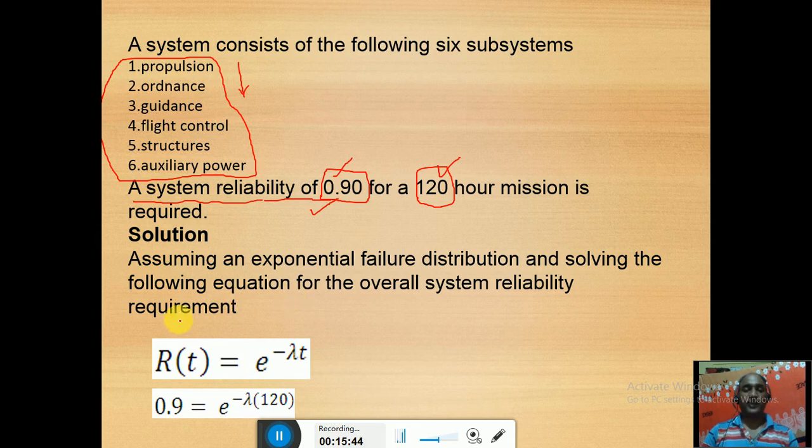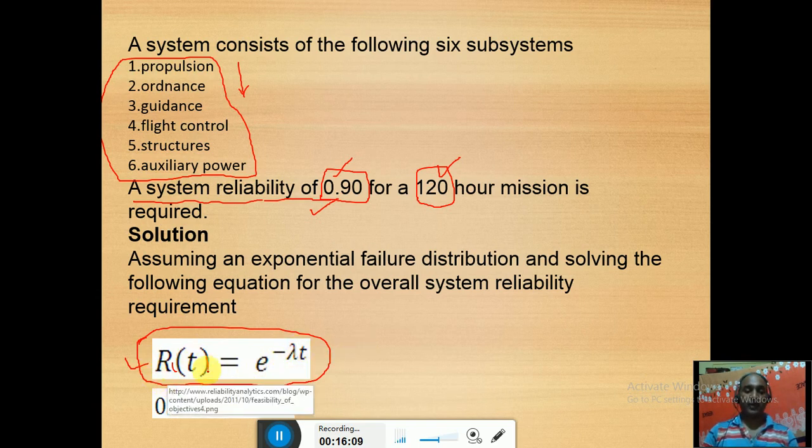As we have seen, there is a simple relation between reliability and the failure rate. When the failure is exponential, R(t) equals e raised to minus lambda t. The meaning is that reliability of a system up to a particular time t is equal to e raised to minus lambda t, where lambda is the failure rate.